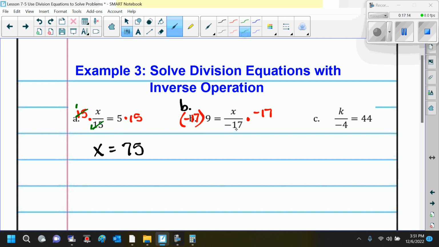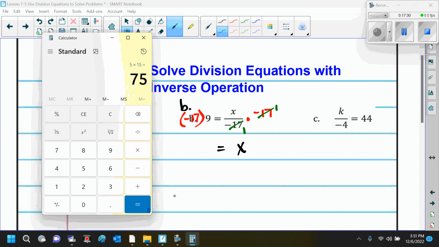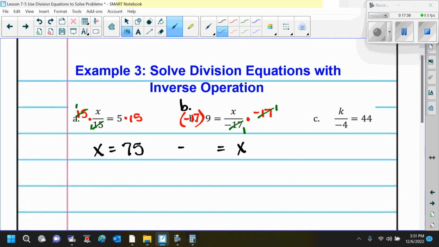So here, we've got a negative 17 and negative 17. Those both simplify to 1. So we're left with x on that side. And then we have negative 17 times a positive 9. So a negative times a positive is going to be a negative. So we've got 17 times 9, and that's equal to 153. So this is going to be a negative 153. So go ahead and press pause, and then we'll do letter C.